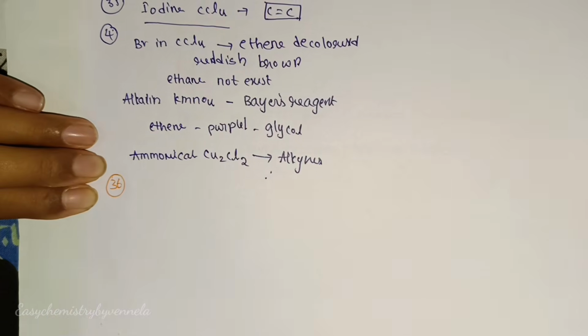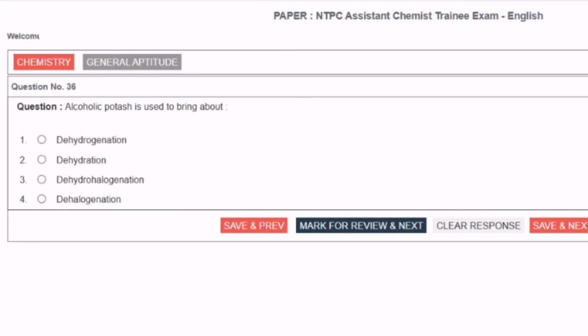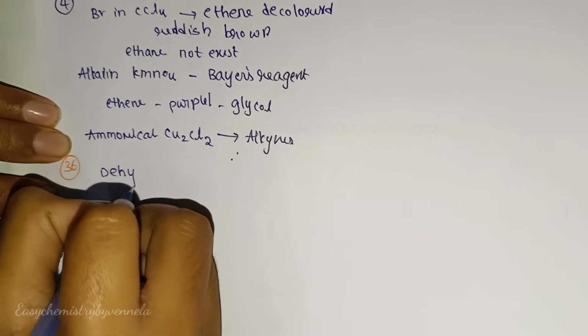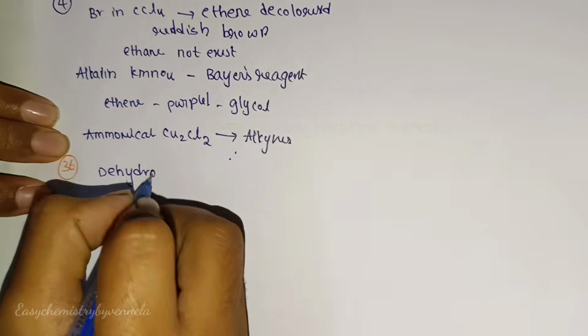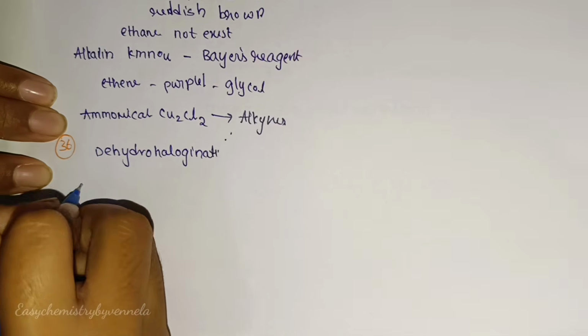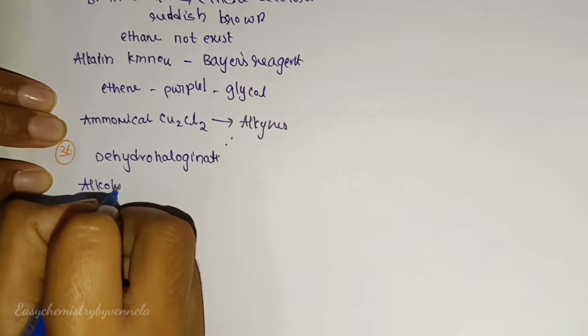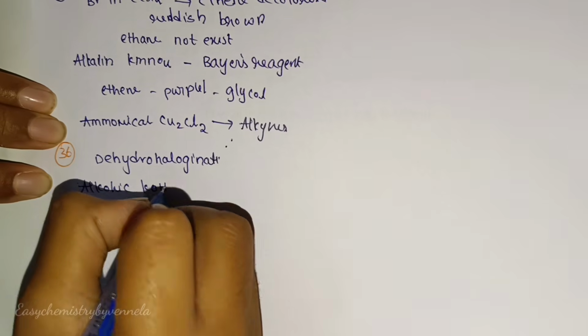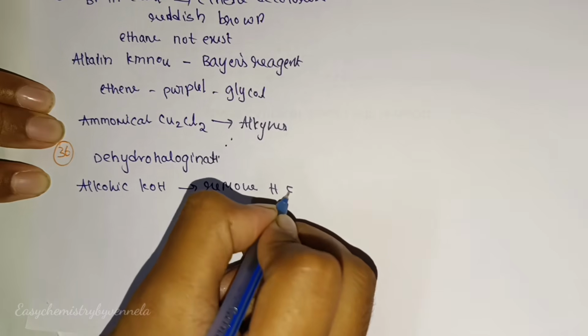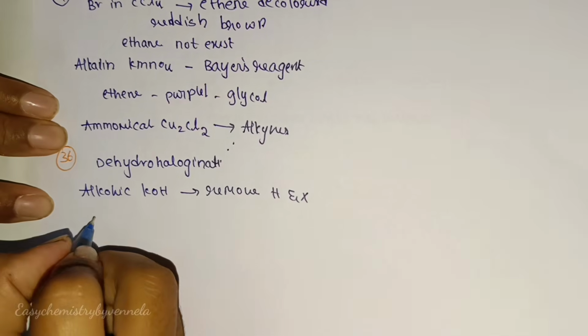Next question. Alcoholic potash is used to bring about dehydrogenation, dehydration, dehydrohalogenation, dehalogenation. This is dehydrohalogenation. Alcoholic KOH removes the hydrogen and halogen.